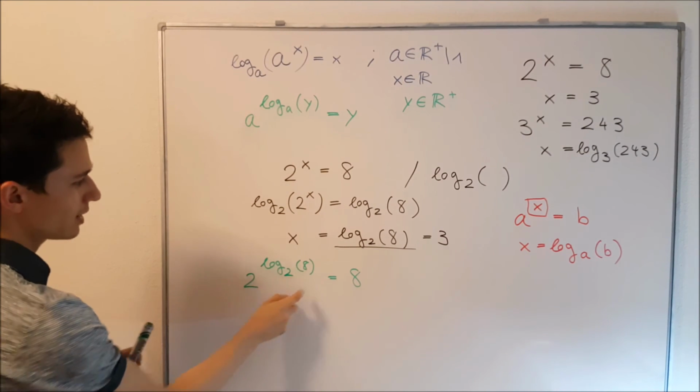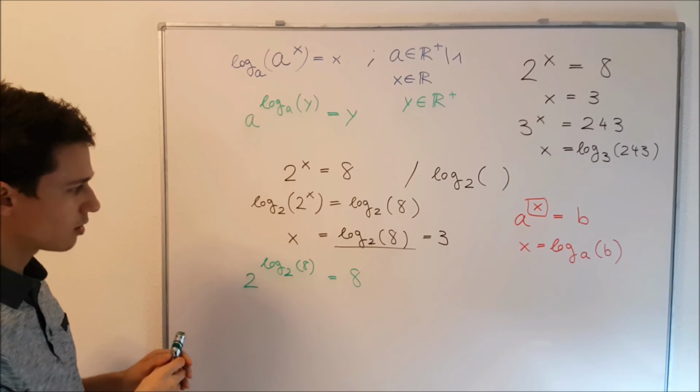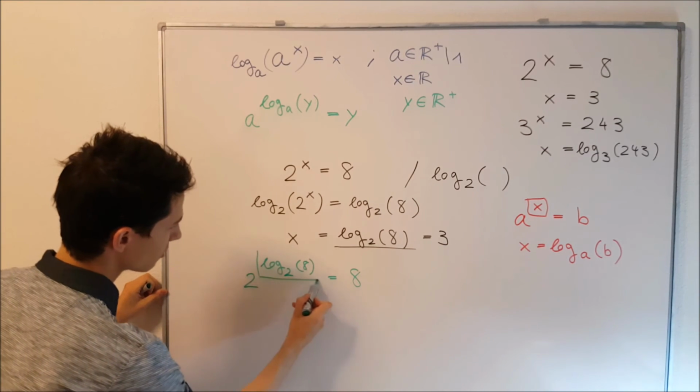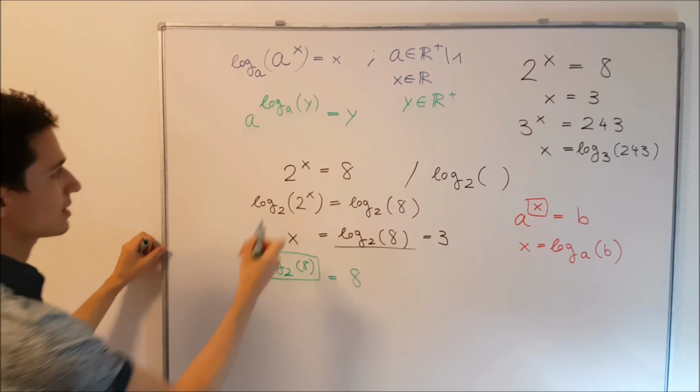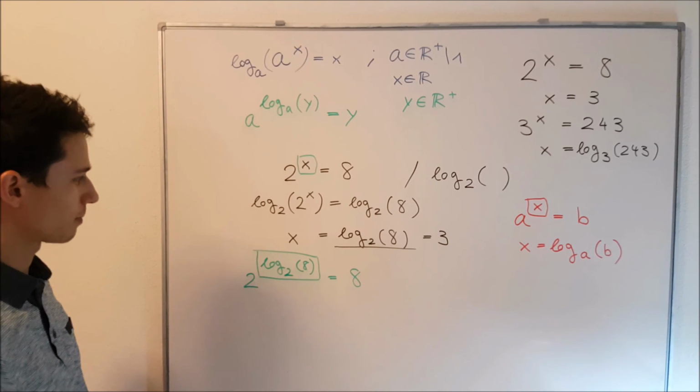And what you can see right here is that 2 to this power up here will lead you to 8, right? So this up here, this exponent has to equal x. And this is exactly what you were looking for.